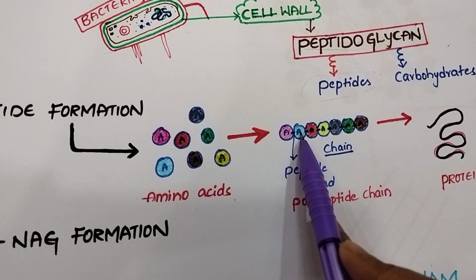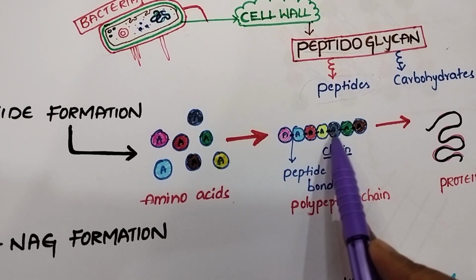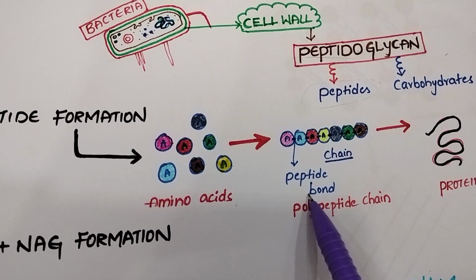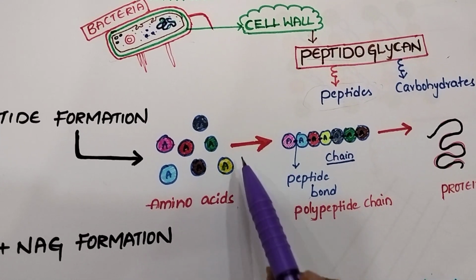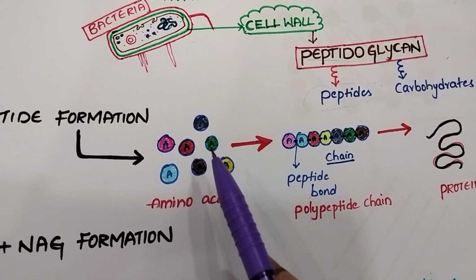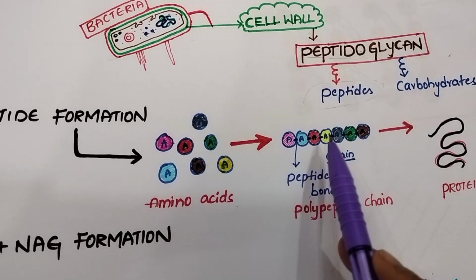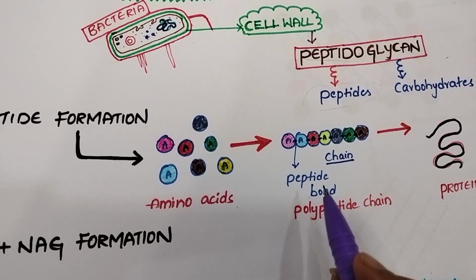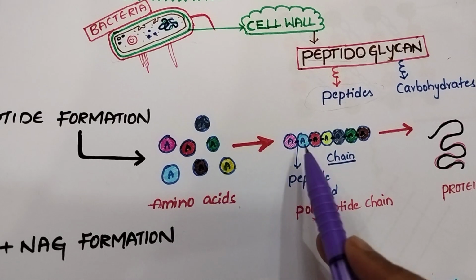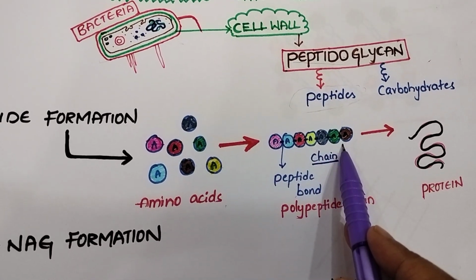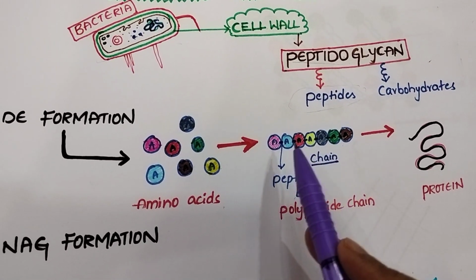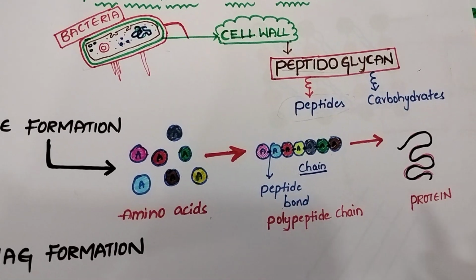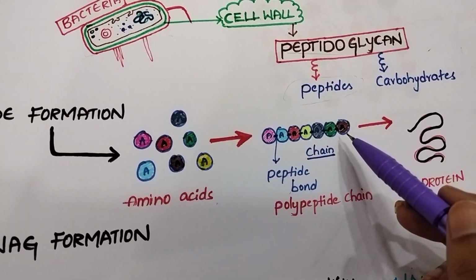Each amino acid links with the next through this bond called the peptide bond. These scattered amino acids, when combined, form a chain called a peptide chain.